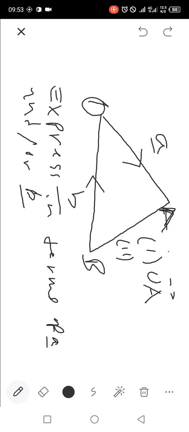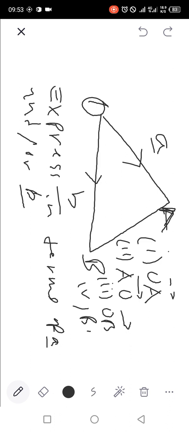Number 2, it's AO. Number 3, it's OB. By the way, the direction here is supposed to face this side. And then number 4, BO. Number 5, AB. Number 6, it's BA.